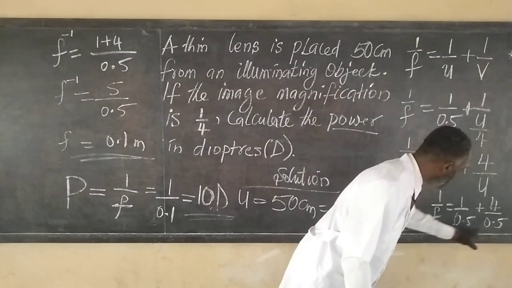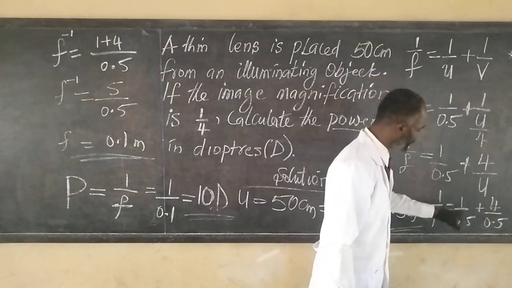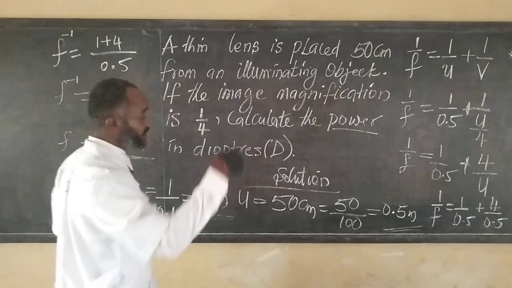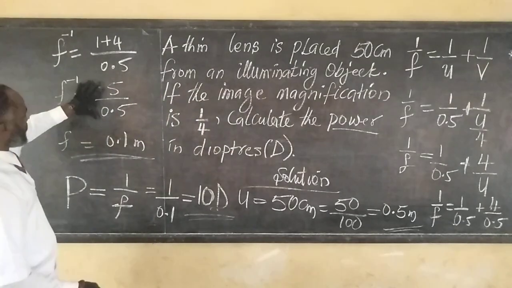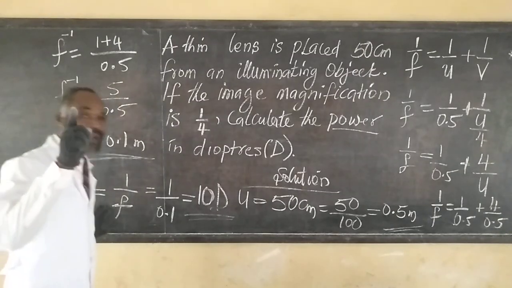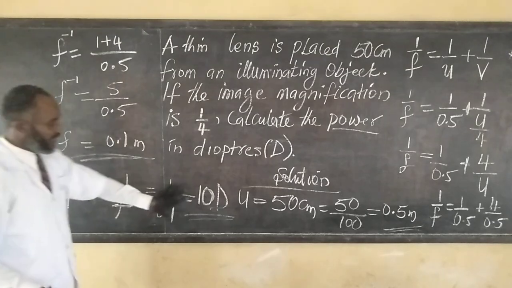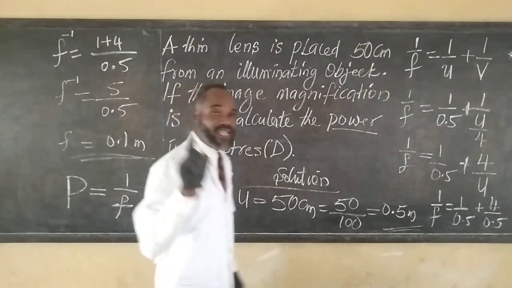The LCM is 0.5, and 0.5 divided by this is 1, 1 times this is 1, 0.5 divided by this is 1 again, 1 times that is 4. That's what we have here, and finally we arrive at this. Then, to find the power in diopters, P equals 1 over f, and that's this. Finally, the answer is 10 diopters, D.